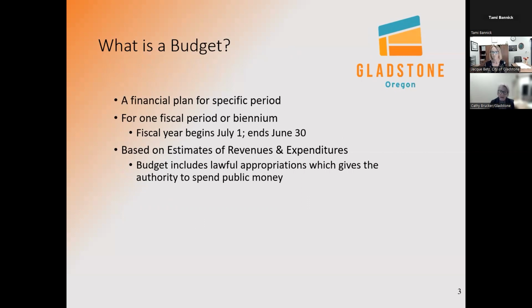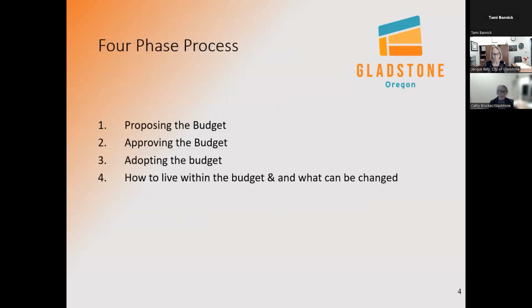Each fiscal year, 23-24 and 24-25, will have annual financial reports completed and audits conducted after the close of each year based on actual data. It is based on estimated revenues and expenditures, with lawful appropriations defined to assure the public that the funds are spent prudently. Next slide, please.